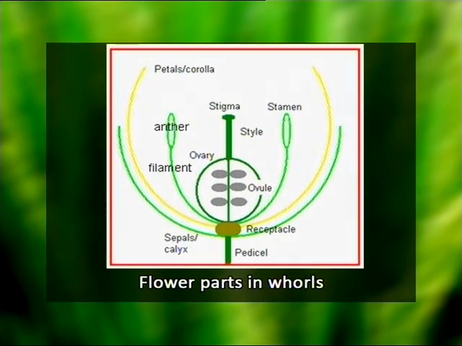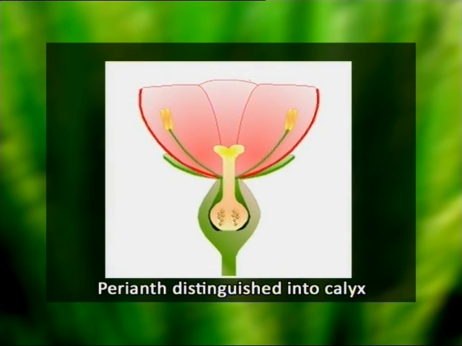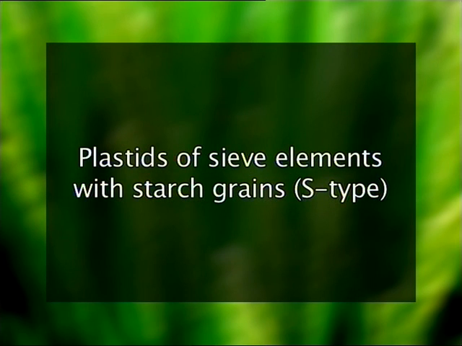Number two, floral parts are arranged in whorls, not spirally arranged. The perianth present in the flowers of eudicots is clearly distinguishable into calyx and corolla. And these eudicots have plastids of sieve elements with starch grains called S-type.